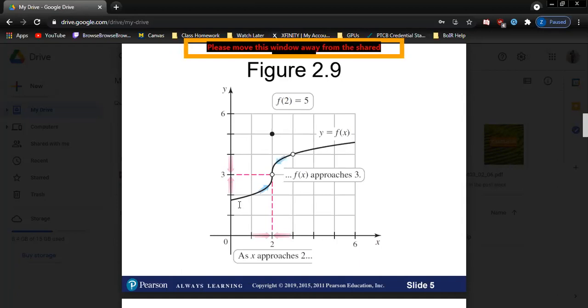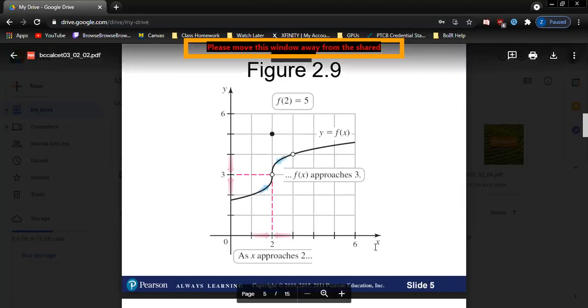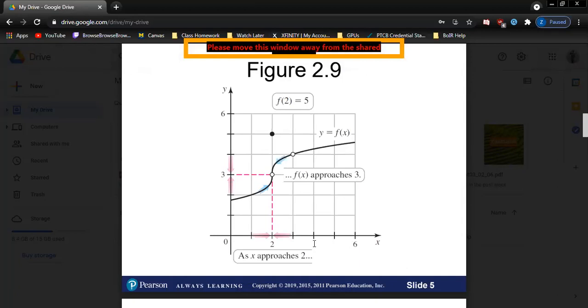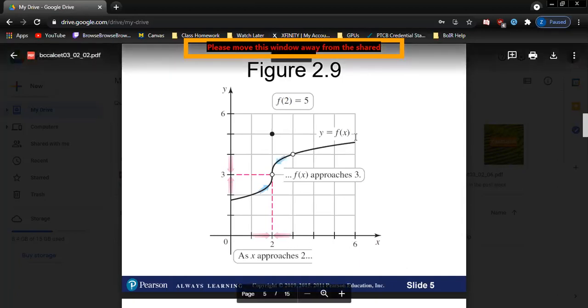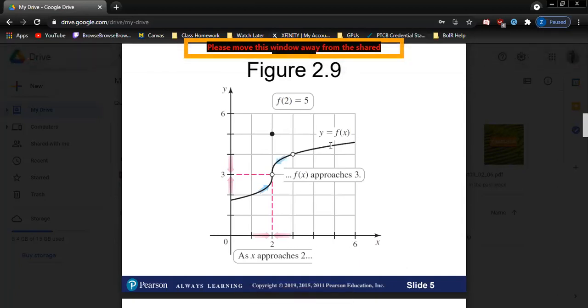Now, similarly, if you approach from the right in this way, slowly and slowly towards 2, you'll see the graph is slowly and slowly going towards this, right? As you're approaching towards 2, your graph is approaching towards this, right? So we call it the right-hand limit.